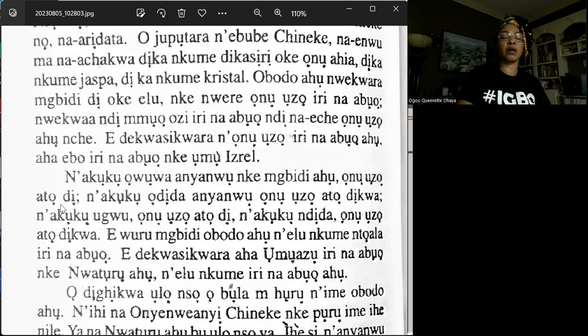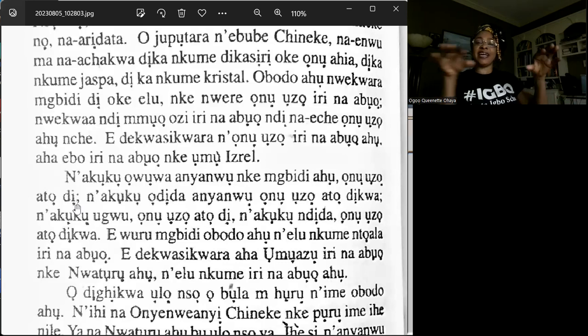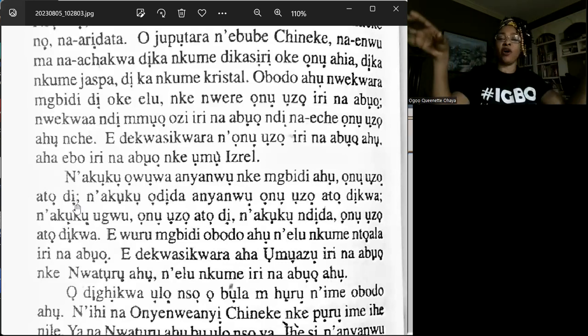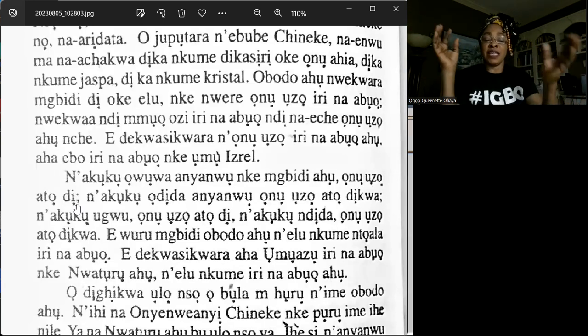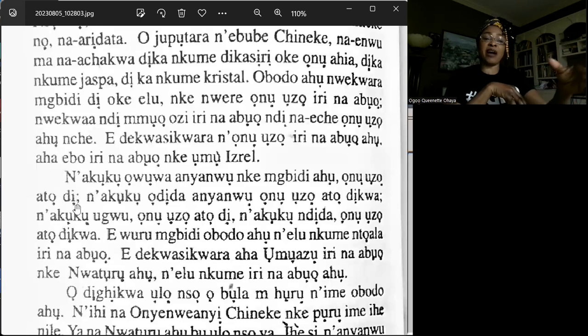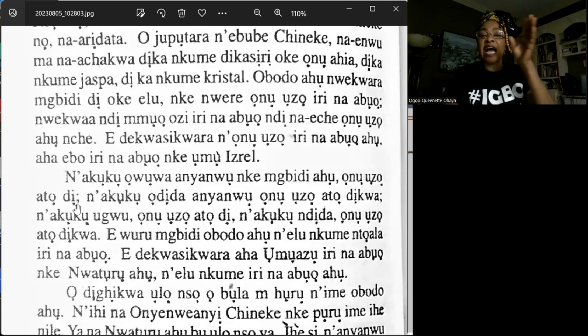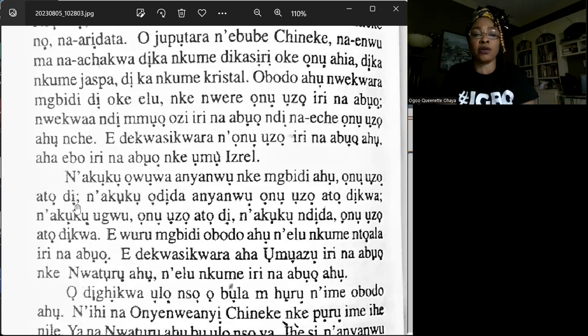Ọnụ ụzọ atọ dị. It means there are 3 openings, which is 3 doors. Since it's telling us about sunrise, it gave us a landmark where you find 3 doors.